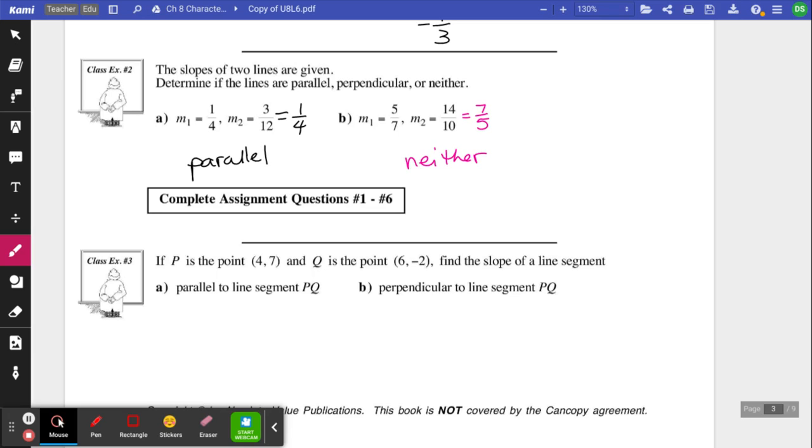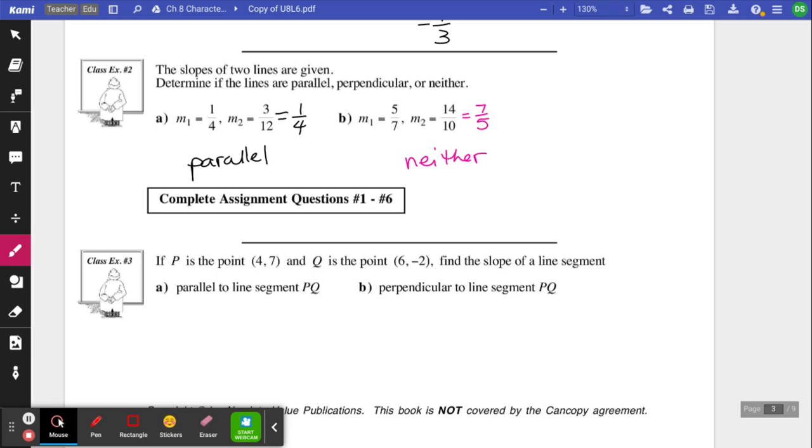So if I wanted to draw a line perpendicular to that, what would I have to do? What would your other slope have to be? 3 over 2. Let's see if it looks perpendicular. So from the point 1, 2, I'm going to go up 3 over 2. Out of room. Could I go this way? Yep.